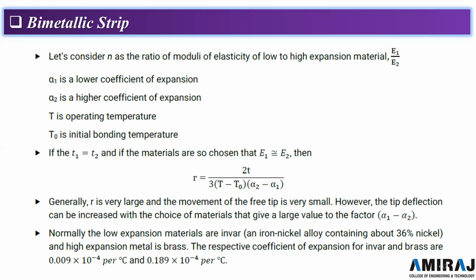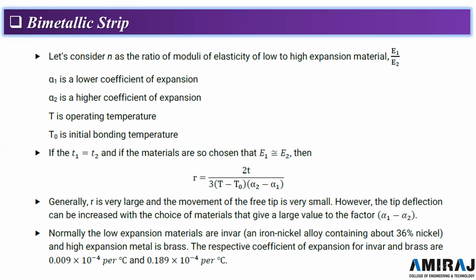So this is the equation of R, and generally R is very large and the movement of the free tip is very small. जो हमारे रेडियस ऑफ कर्वेचर है वो बहुत ही ज़्यादा होगी, और जो फ्री टिप की मूवमेंट है वो बहुत ही कम। However, the tip deflection can be increased with a choice of material that gives a large value of the factor alpha 1 minus alpha 2. अभी यहाँ पे जो टिप का डिफ्लेक्शन है वो हम बढ़ा सकते हैं by varying the value of alpha 1 and alpha 2.